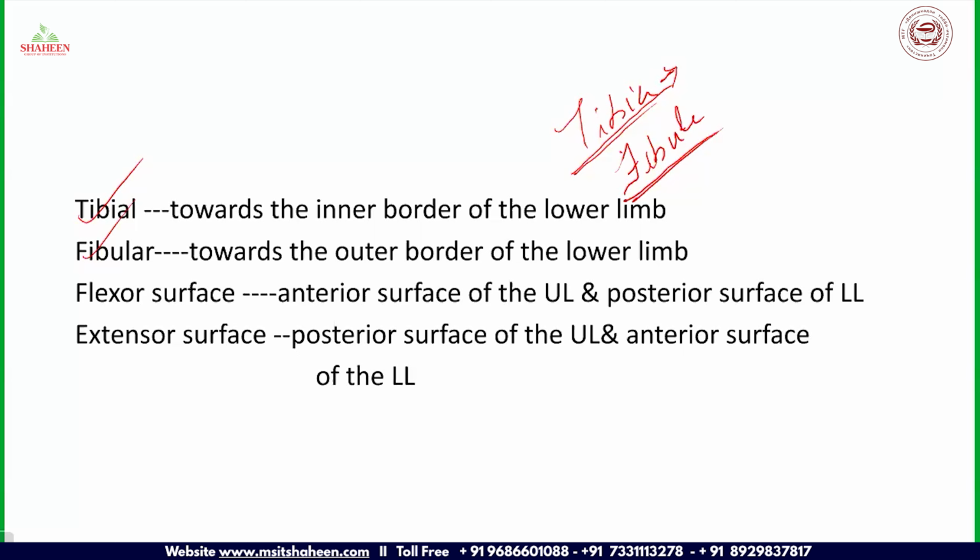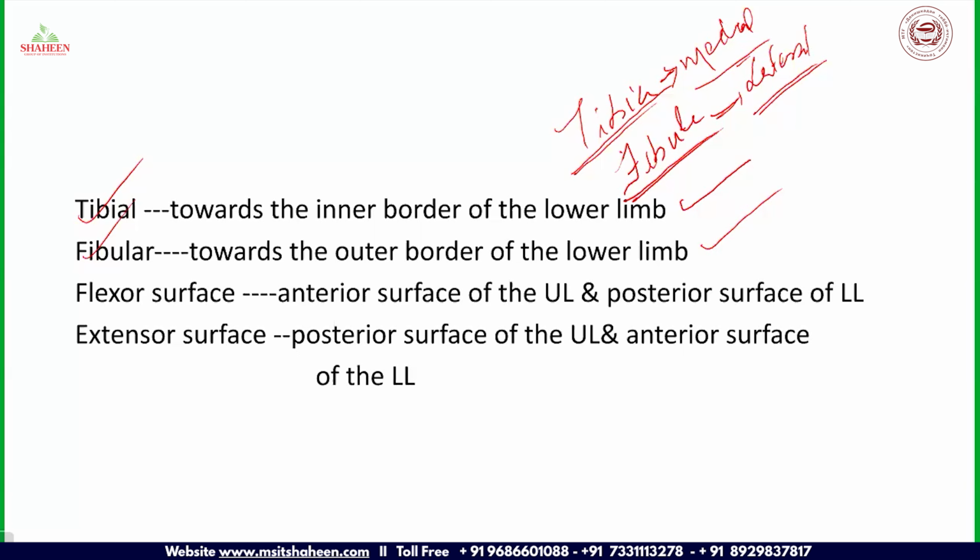Tibia is medial and fibula is lateral. Very good. Fibula is in the lateral aspect. So the surface seen in the inner aspect of your lower limb, we call the tibial surface, and the outer border of the lower limb is the fibular surface. You are clear about it, right?